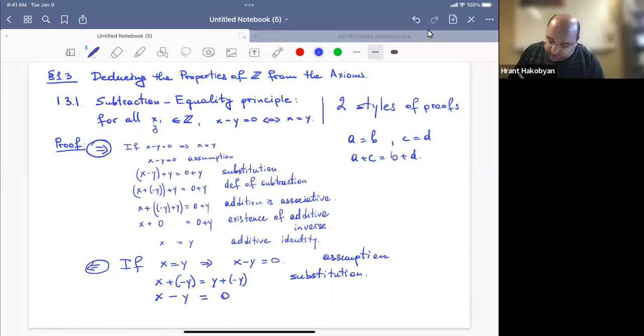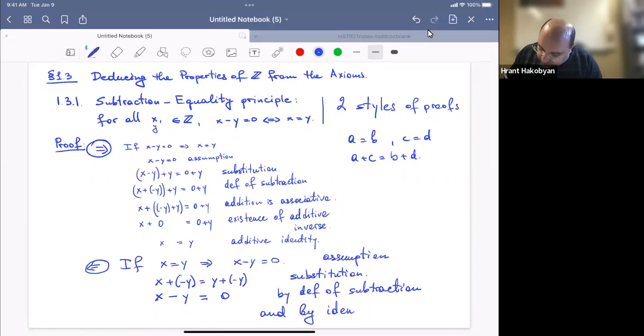So the left-hand side, by the definition of subtraction, and the right-hand side, by the additive inverse axiom, right?